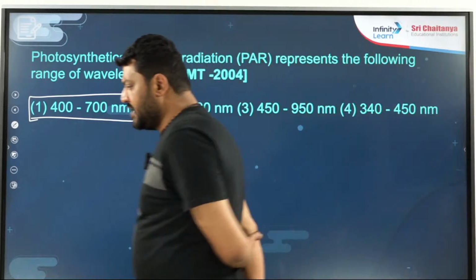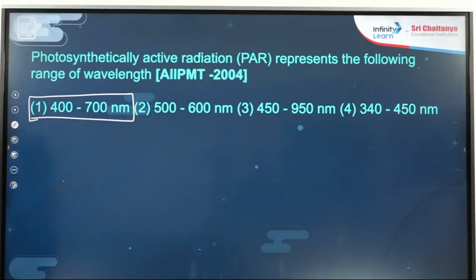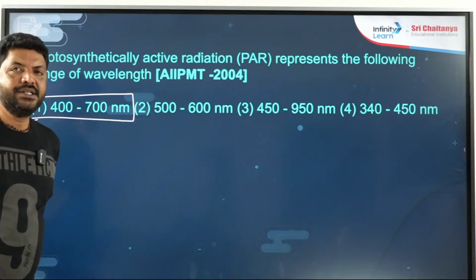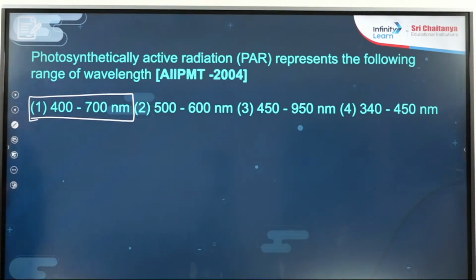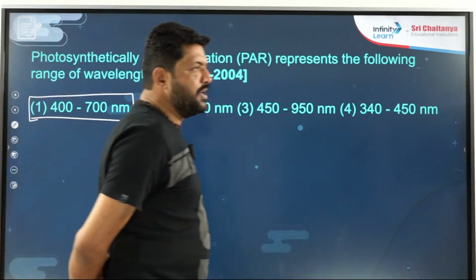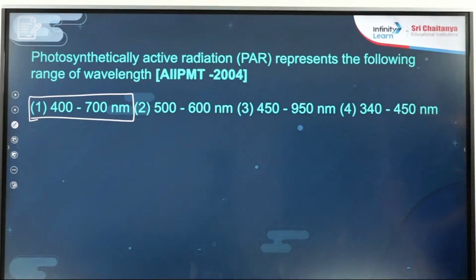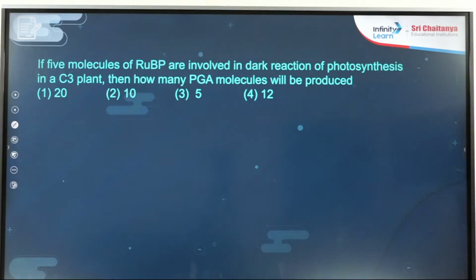Less than 400 nanometers or more than 700 nanometers of light, there is no chance of photosynthesis. Hence we call it photosynthetic active radiation. Was it clear? It is a standard question and PYQ, previous year question. So what is PAR? 400 to 700 nanometers of light. Shall I go for the next question?